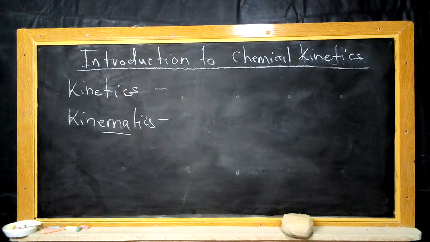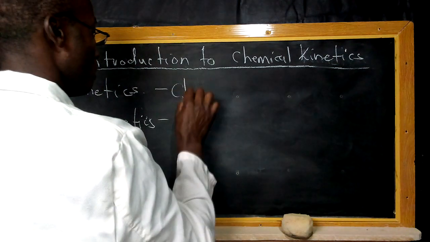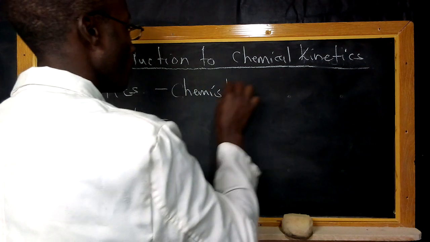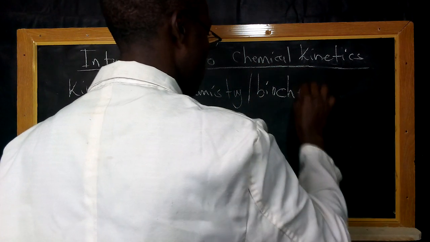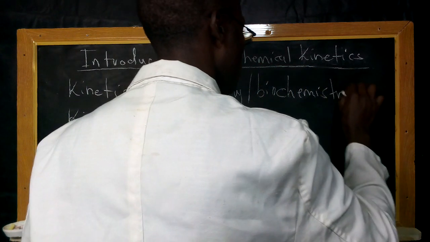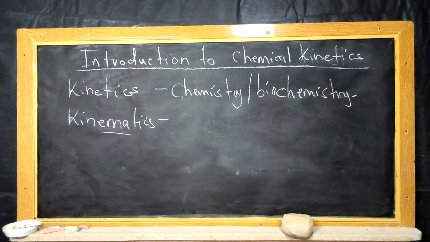So the first term, kinetics, is a branch of chemistry, or a branch of chemistry known as biochemistry, that deals with the study of the rate, or measures the rates of chemical reactions.